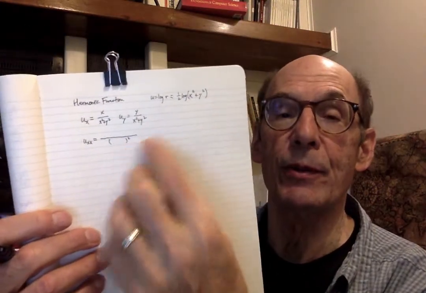So the partial of u with respect to x, well, it's a quotient, so we have to use the quotient rule. And trust me, the bottom isn't going to be relevant, so I'm just going to put that there's a square there. And so on top, you have the derivative of the top times the bottom, well, that's just x squared plus y squared, minus the top times the derivative of the bottom, that looks like minus 2x squared.